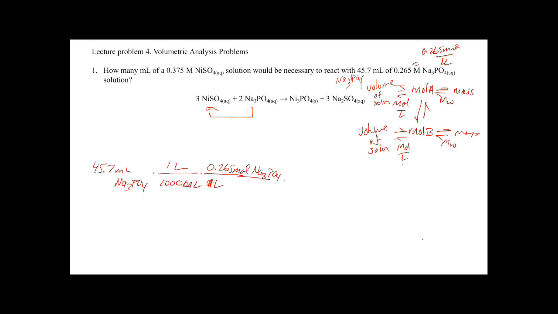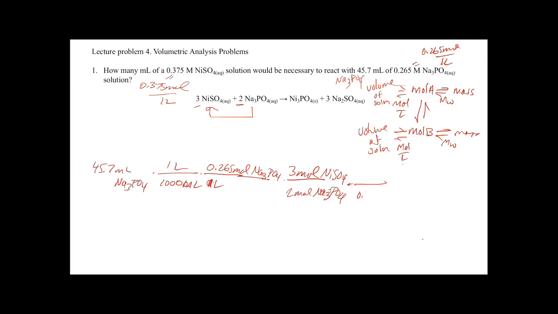And once we're in moles of sodium phosphate, we can use our coefficients. So for every 2 moles of sodium phosphate, there are 3 moles of nickel sulfate. And so now we've gone from A to B using our stoichiometric coefficients. And we know from our concentration there are 0.375 moles for every 1 liter.